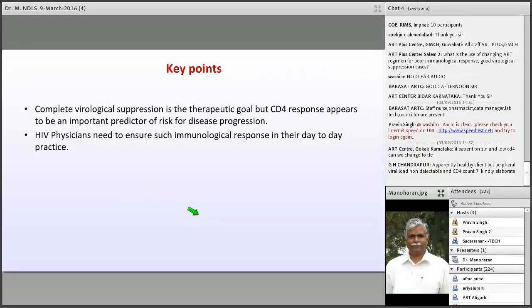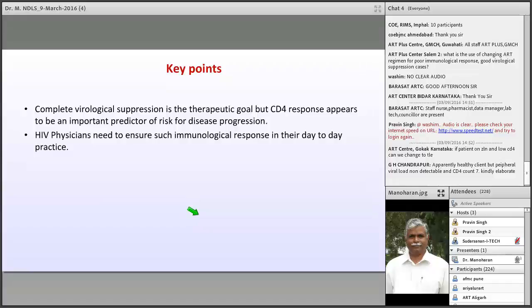The key point of this session is that complete virological suppression is the therapeutic goal, but CD4 response appears to be an important predictor of risk for disease progression. So HIV physicians need to ensure such immunological response in their day-to-day practice.